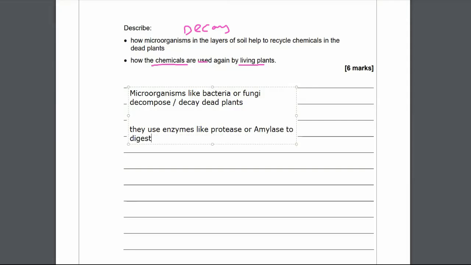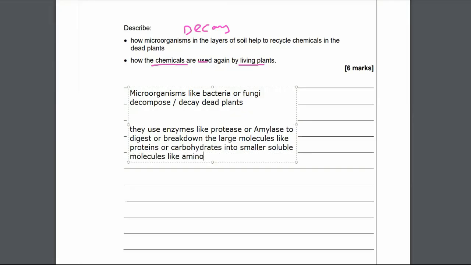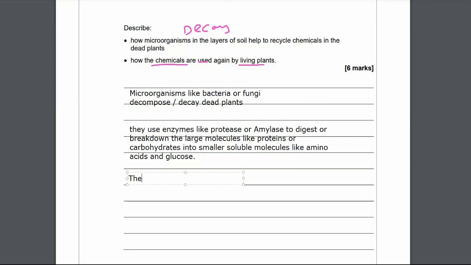So microorganisms like bacteria, fungi, decompose the dead plants or decay them. They release enzymes that are things like protease and amylase that humans have in their body. And these digest large molecules like proteins or carbohydrates into smaller soluble molecules. Proteins get digested by protease to amino acids, and starch gets digested by amylase to glucose.